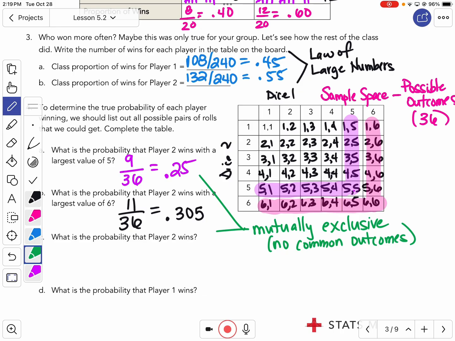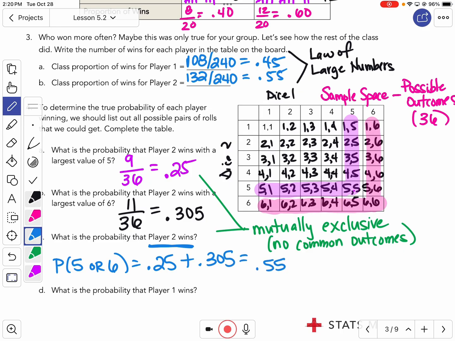And so if I want to know the probability that player 2 is going to win overall, that means they either need to have the 5 or the 6. So the probability I'm finding is 5 or 6. Well, the good news is I've already done both of those probabilities. So all we have to do is add them together. 0.25 plus 0.305, and that gives me 0.555.